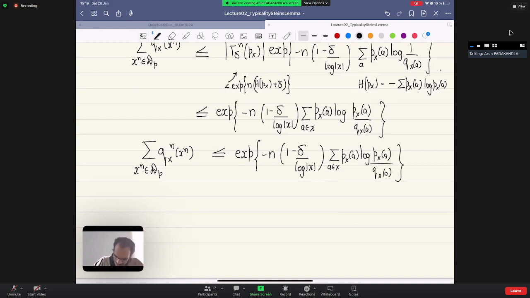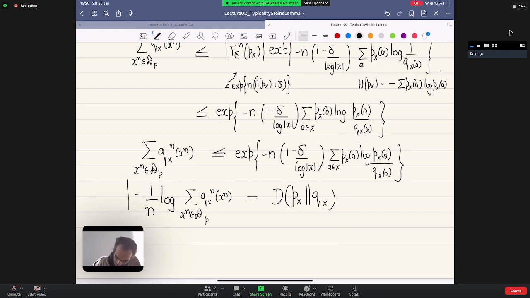So minus 1 by n log of the probability of x^n belonging to D_P, the exponent at which this false alarm probability is falling down, happens to be the relative entropy, D of P_X, Q_X.